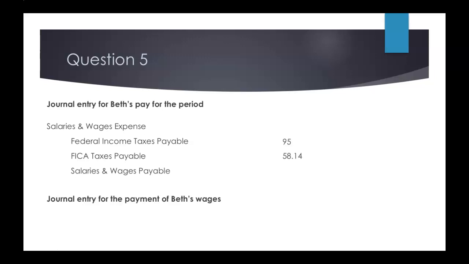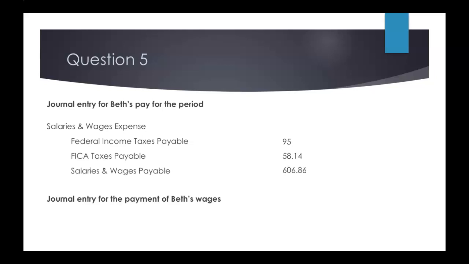Well, we know our federal income tax and our FICA tax number. We already figured those out on the last slide, right? Federal income taxes are $95. FICA taxes are $58.14. But now we need to figure out what goes into our payable and what goes into our expense for salaries and wages.